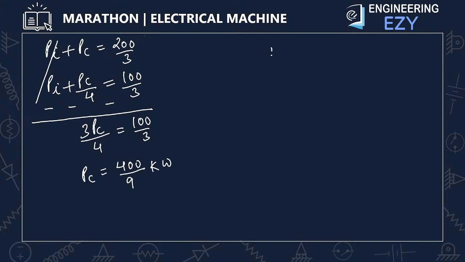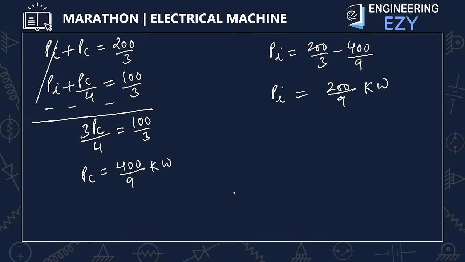And what is the Pi? Pi is equal to 200 by 3 minus Pc. Pc is 400 by 9. I am getting 600 minus 400, that is 200 by 9. Once I have calculated both Pi and Pc, now I have to calculate 2 Pi plus Pc. 2 Pi plus Pc is 2 times 200 by 9 plus Pc, and Pc is 400 by 9.